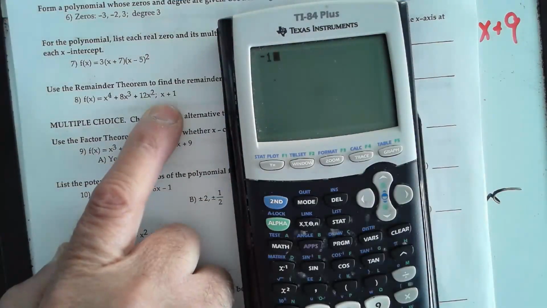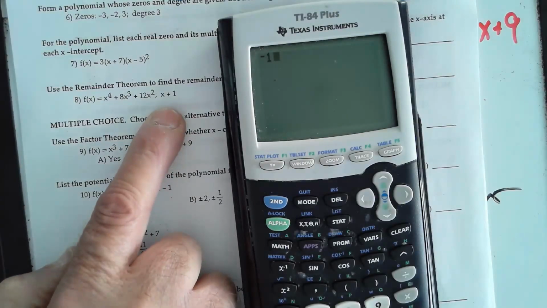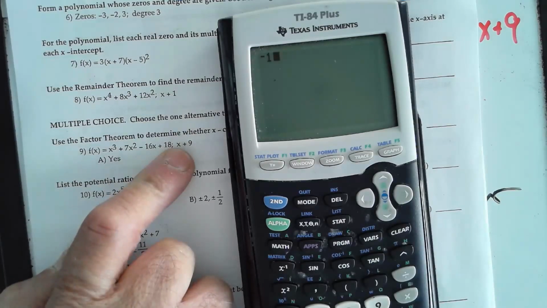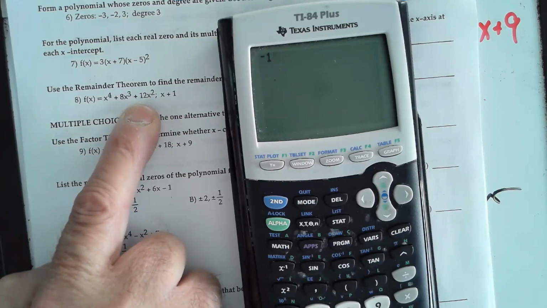So the difference between 8 and 9 is that 8 doesn't ask you if it's a factor. For 9, you had to know that if you get 0 out, then it's a factor. If you don't get 0 out, then it's not a factor. Whereas with 8, you don't need to know if it's a factor or not. You just need to know what the remainder is.